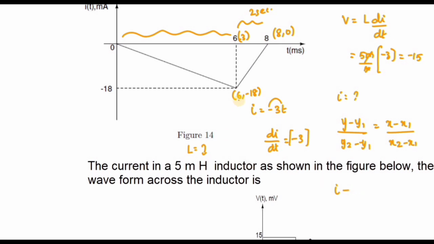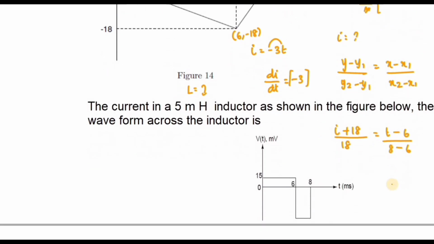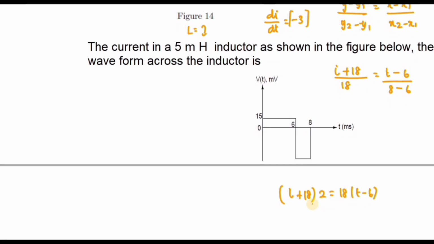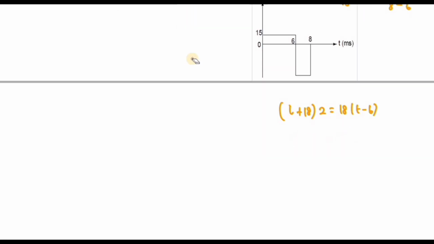So therefore I plus 18 divided by 18 is equal to t minus 6 divided by 8 minus 6. So on solving, you get I plus 18 into 2 equal to 18 into t minus 6.